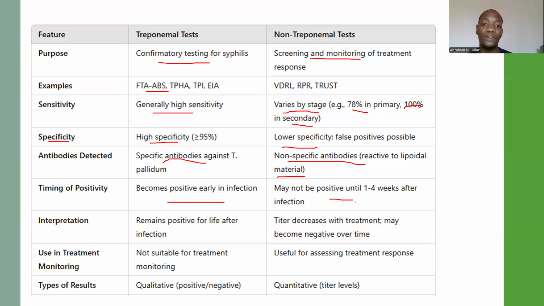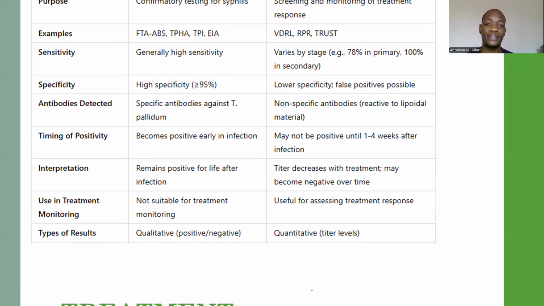Whereas for the non-treponema, the titers depend on whether someone has an active infection. Like for VDRL, the titers will be high when someone has an active infection, then keep going down as someone is on treatment, and we use it for monitoring treatment. So basically, the treponema tests are qualitative, whereas the non-treponema tests are quantitative.